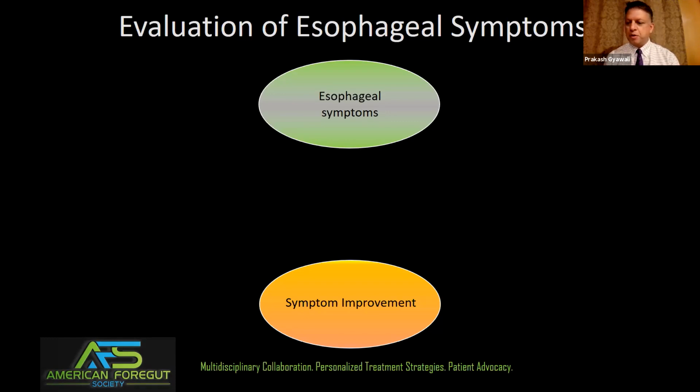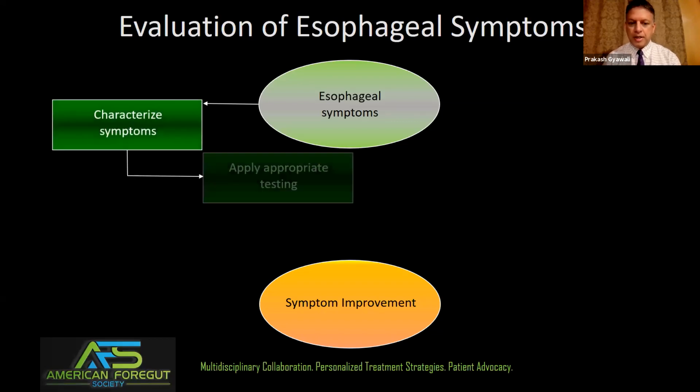Somebody may say they have regurgitation, that's usually reflux, but sometimes that may be rumination, should be treated completely different from reflux. So it's important to recognize that esophageal symptoms need to be characterized.